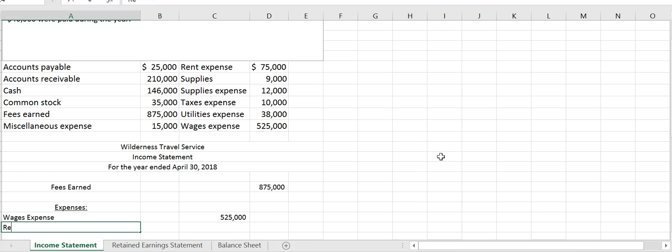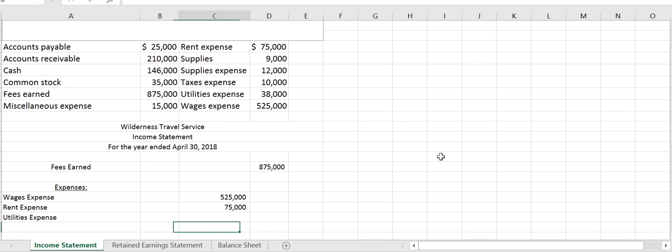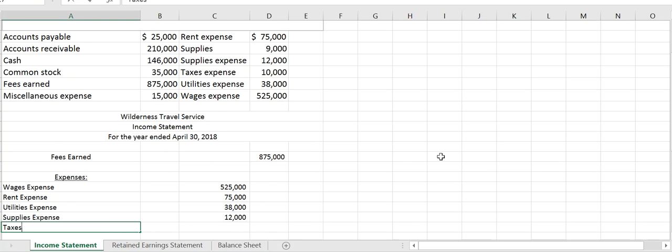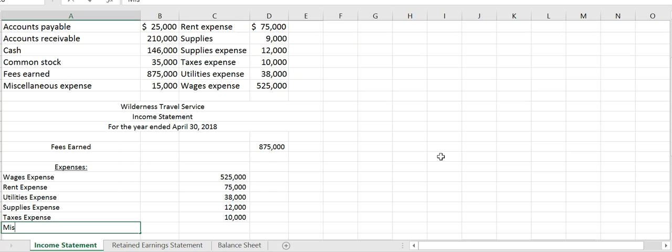This is going to be followed by our rent expense of $75,000, followed by our utilities of $38,000, followed by our supplies expense of $12,000, our taxes expense of $10,000, and finally that miscellaneous expense that we have of $15,000.